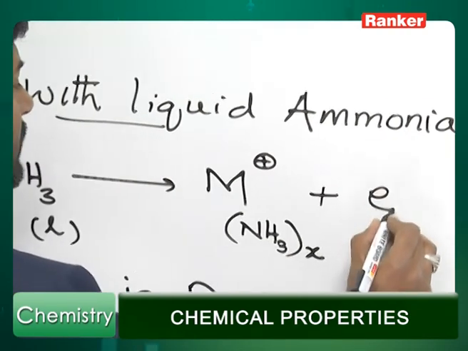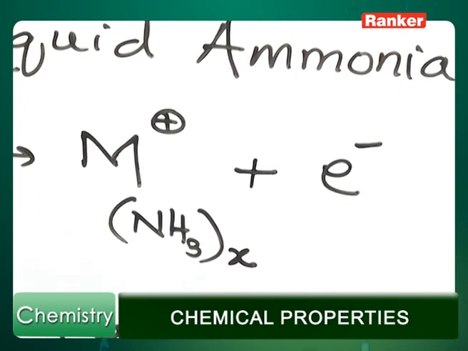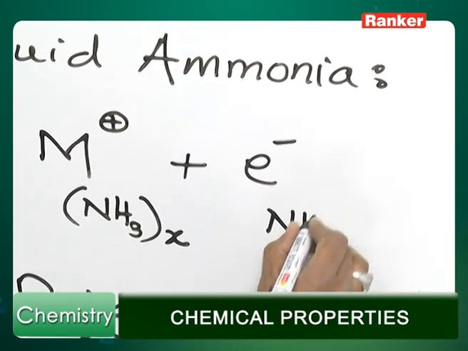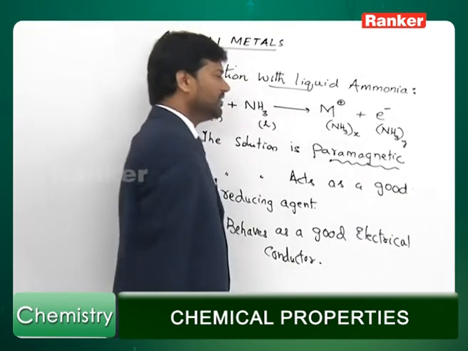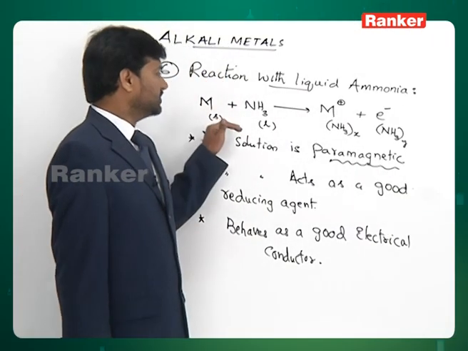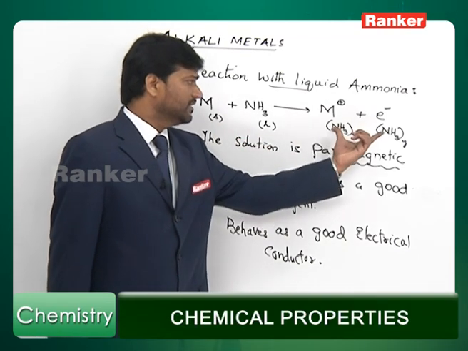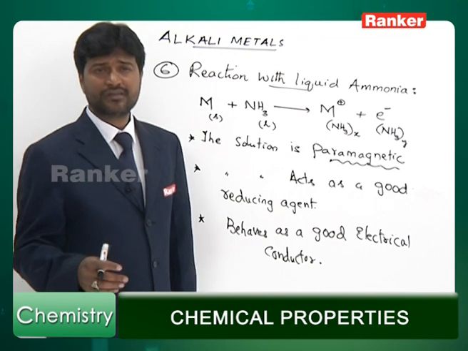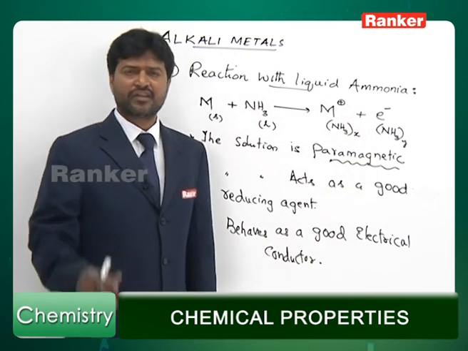Apart from this, you get e minus, electron, which also gets solvated, surrounded by ammonia solvent molecules. So, the solution of alkali metal in liquid ammonia is expected to contain solvated cations and solvated electrons.